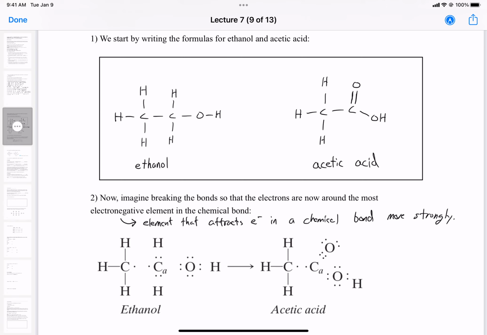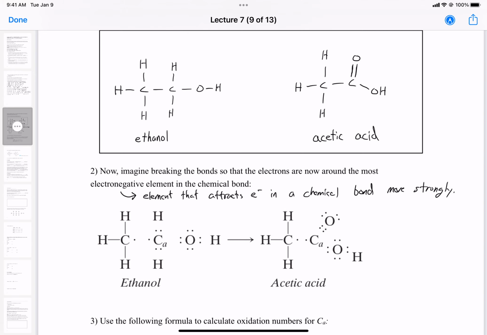So pretty much the most electronegative elements we'll see are nitrogen, oxygen, fluorine, and the halogens, Cl. Those are pretty much the most electronegative ones. Bromine and iodine are not that electronegative, but they have electronegativity similar to carbon, which is kind of like the baseline for not having electronegative character.